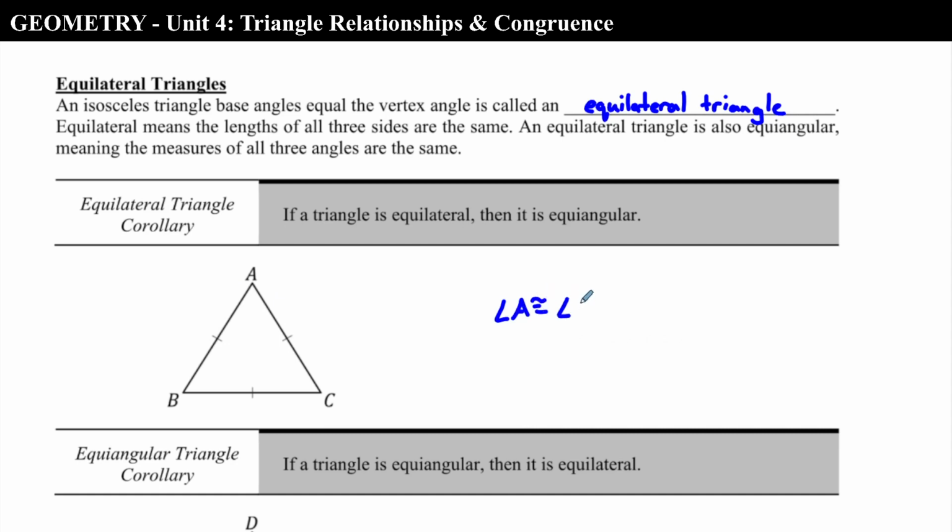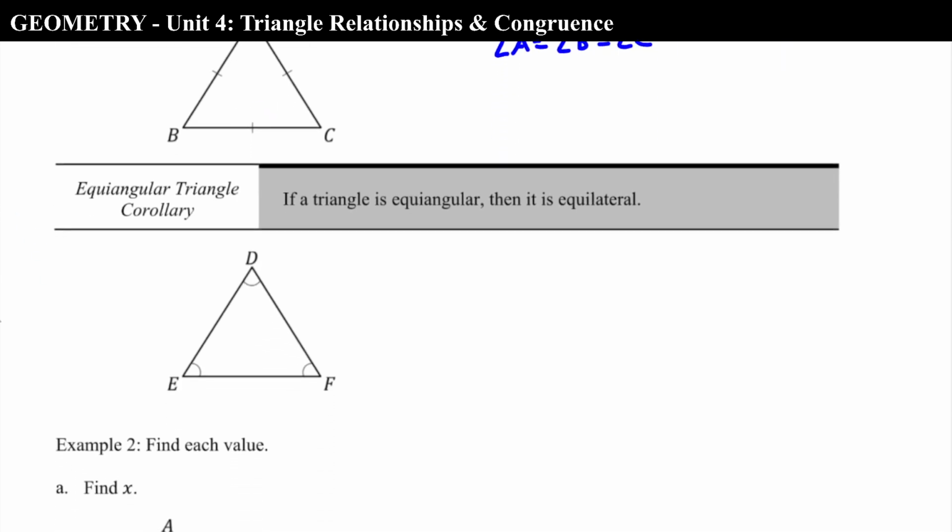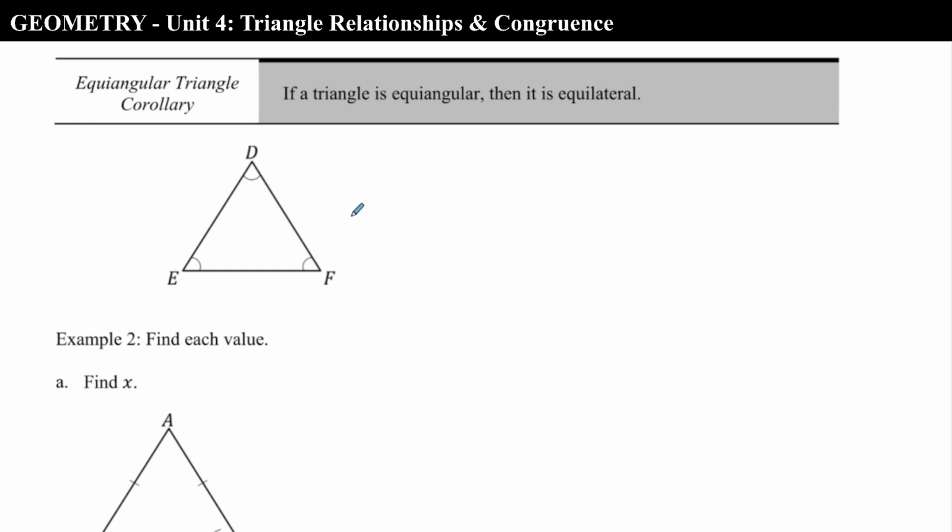Angle A is congruent to angle B, which is congruent to angle C. In this one, since D, E, and F, all those angles are the same, then we can say that DE is congruent to DF, which is also congruent to EF.